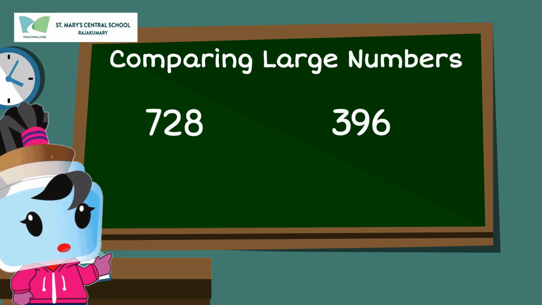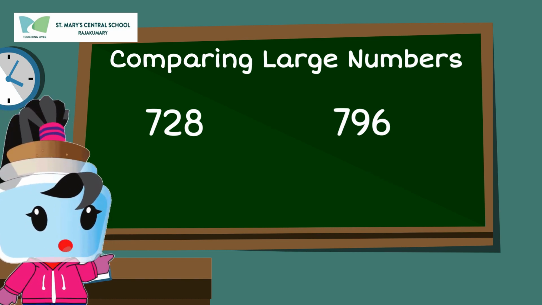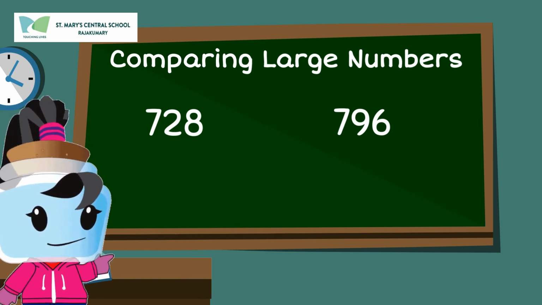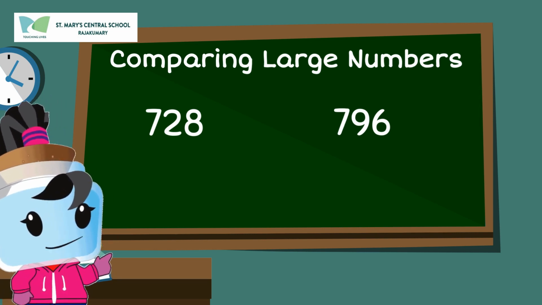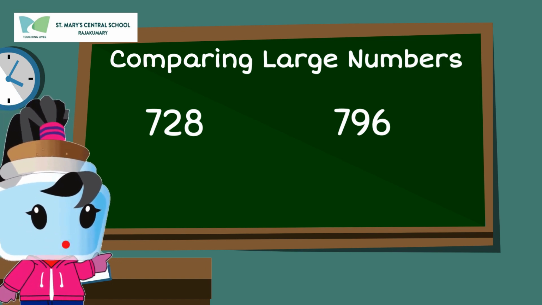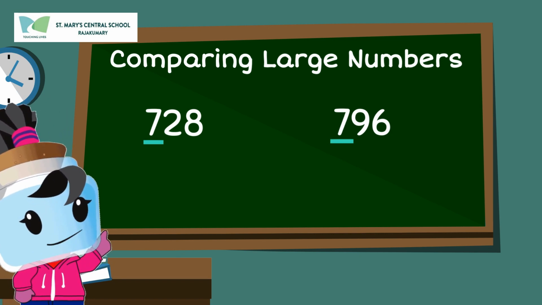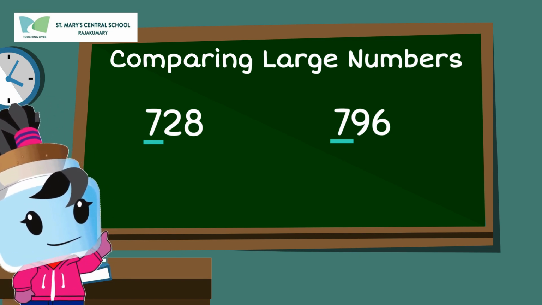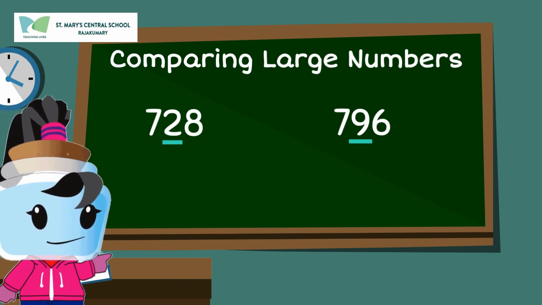Well, how about if we change 3 to 7? Can you help me compare 728 and 796? Again, start with the hundreds place. Since both are 7, let's move to the next place value, which is tens.